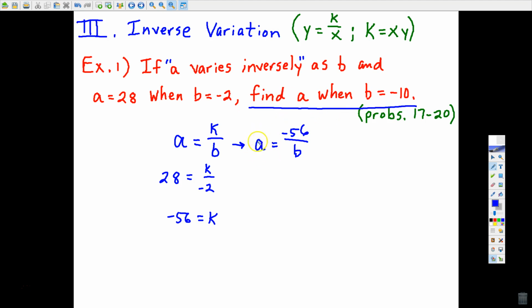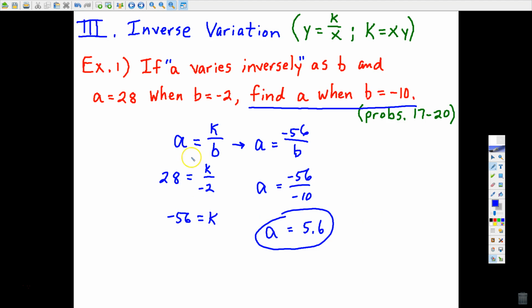Now let's find out what A is if we replace B with -10. So we do -56 divided by -10, and you can leave this in decimal form. It's going to be positive. A should be 5.6.